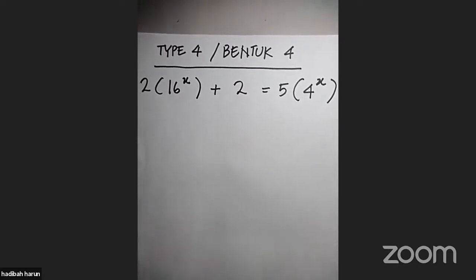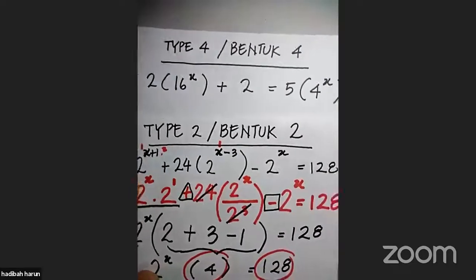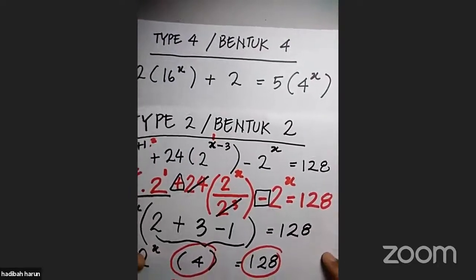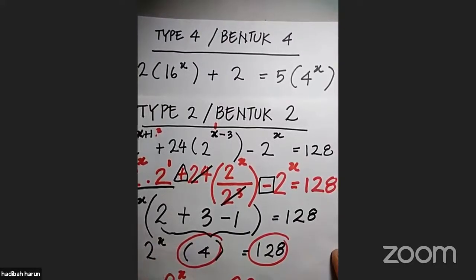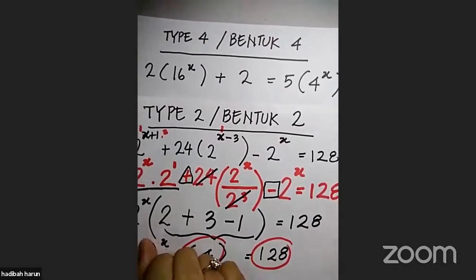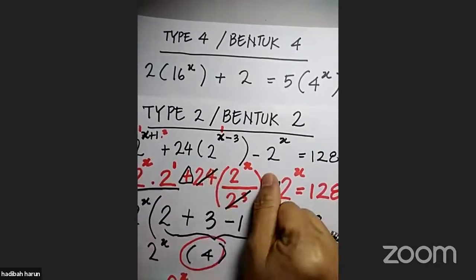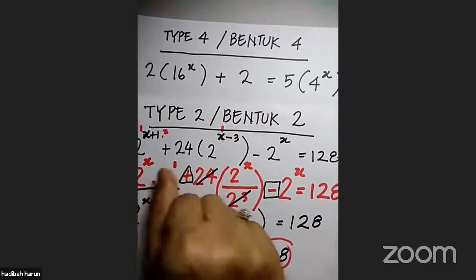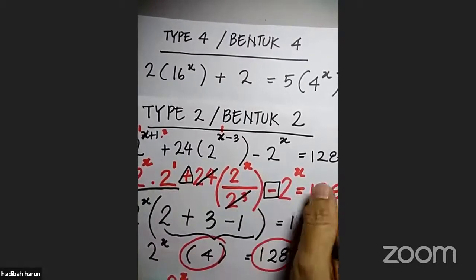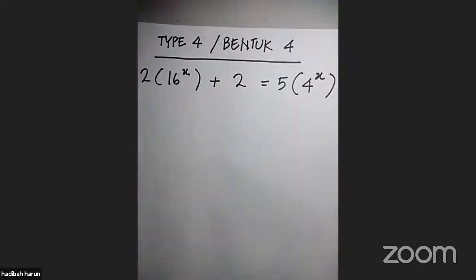Your previous type is type 2. What can you say? Type 2 has the same base as well as the same power or index, which is x. How about type 4?